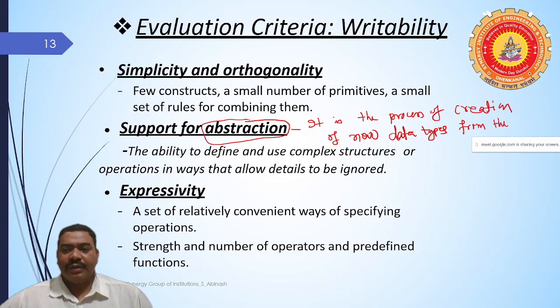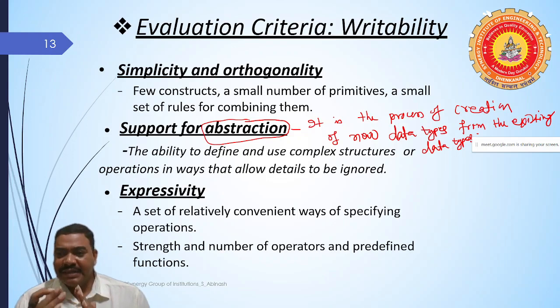It is the ability to define and use complex structures or operations in a way that allows details to be ignored. That means it is the process of creation of new data types from the existing data types without the implementation details.